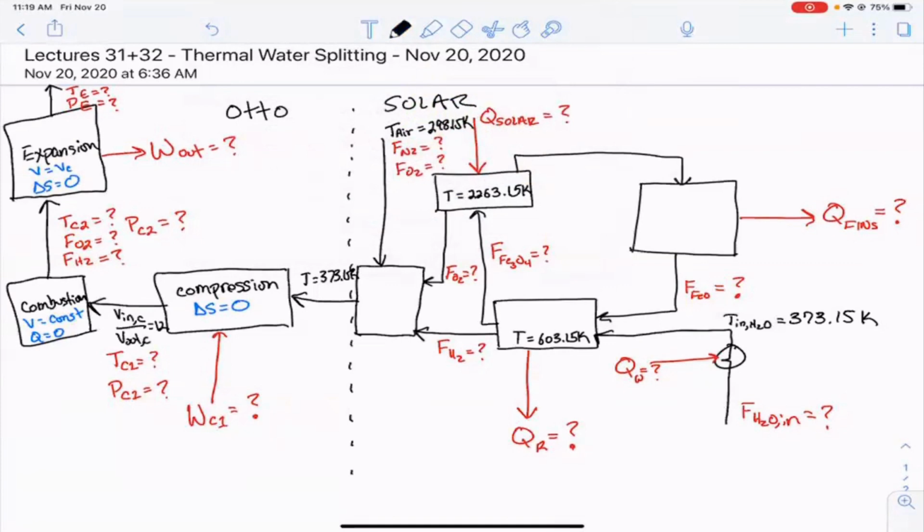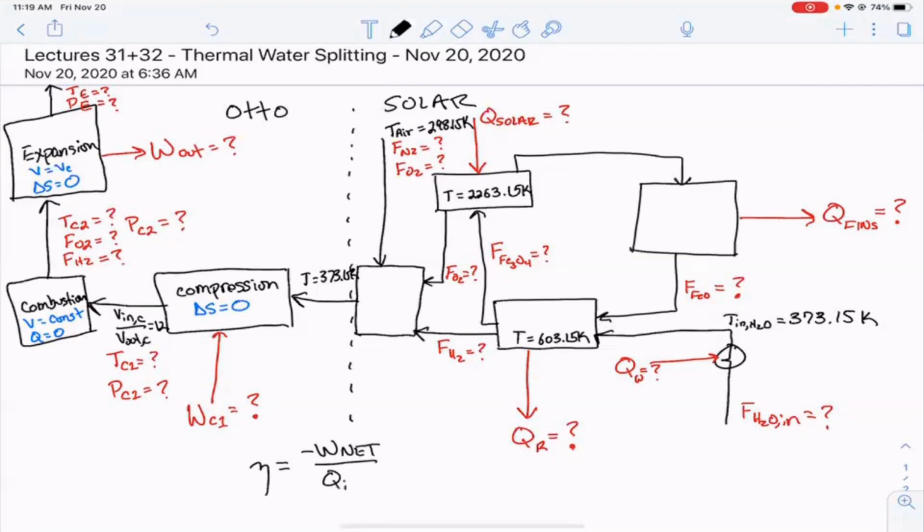Now, before we start to do that, we need to think maybe a little bit about the end game. And the thing that we want to calculate is the efficiency, okay? And how did we define efficiency so far for every other cycle? Negative work net over Q in.